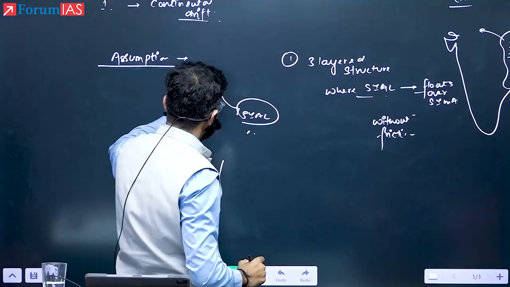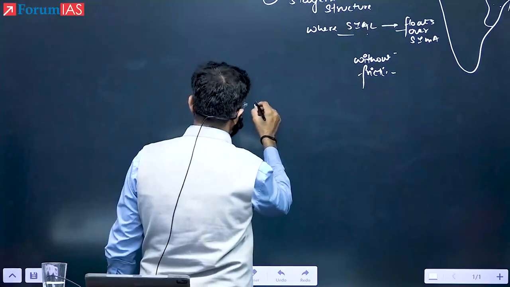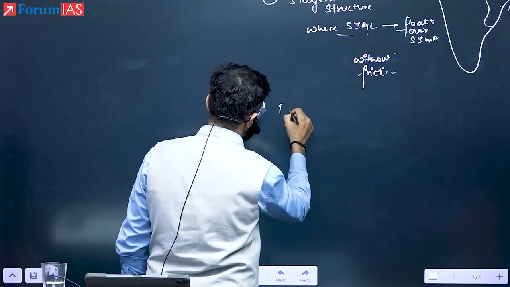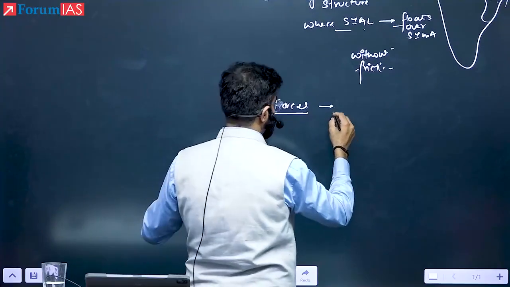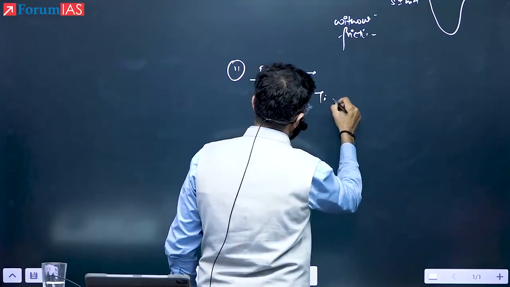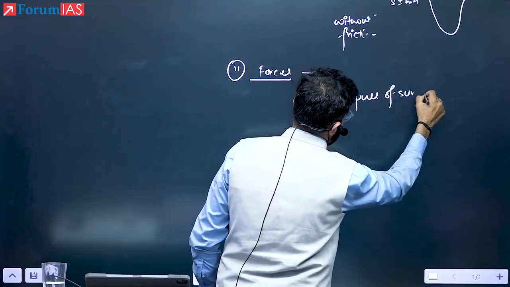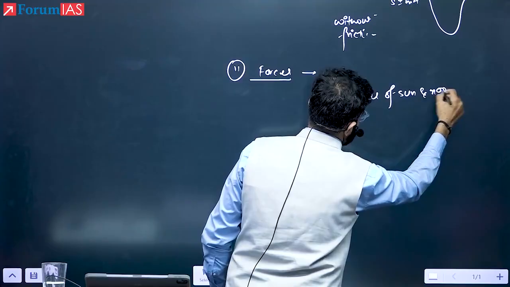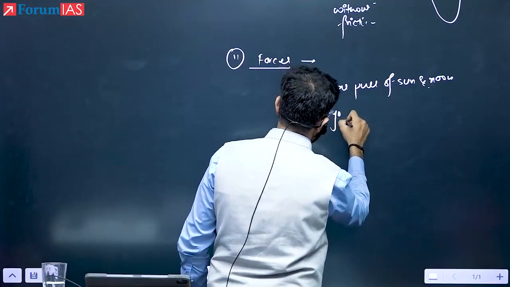Now, what forces is he assuming responsible for this drift? The first force he held responsible for this drifting was the tidal pull of the sun and moon. Number one. And second was the force of buoyancy.